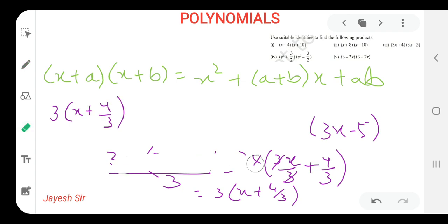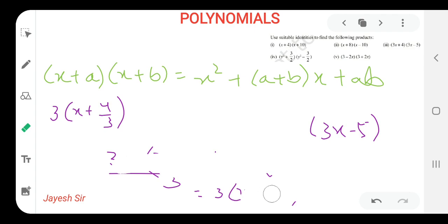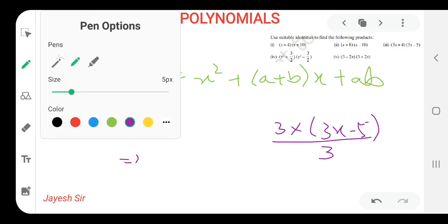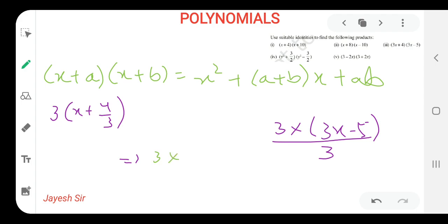Yes friends, now we'll solve for 3x minus 5. Similarly we'll solve for this also. That means how we are going to solve, 3 should be multiplied and 3 should be divided. Yes, now the same thing we have to do, 3 as it is. Now 3x by 3 minus 5 by 3. 3 should be cancelled, so our value would be 3 into x minus 5 by 3.